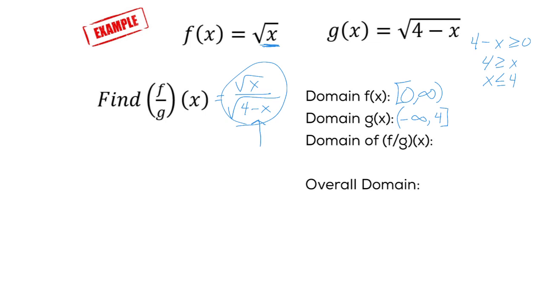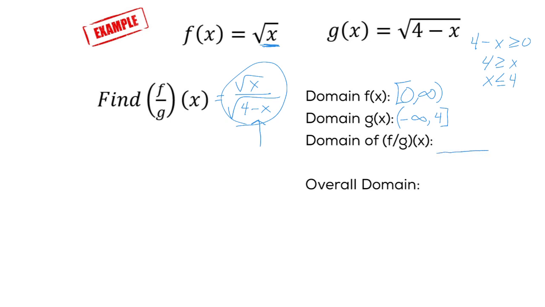So the f divided by g, well, before I even talk about that, I should probably also talk about the numerator, because I can't let that be negative either. So let's kind of look at what's going on.